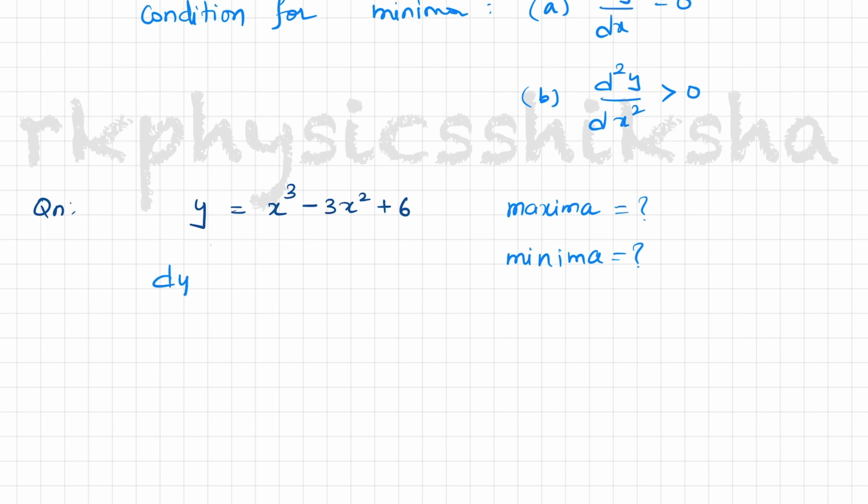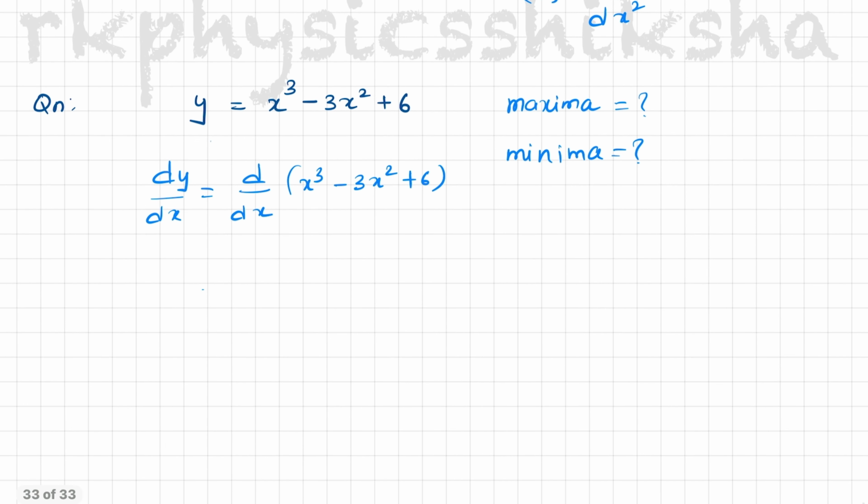That is dy by dx is equal to d by dx of x cubed minus 3x square plus 6. Differentiating it, d by dx of x cubed, minus 3 is a constant, so d by dx of x square, plus d by dx of 6.